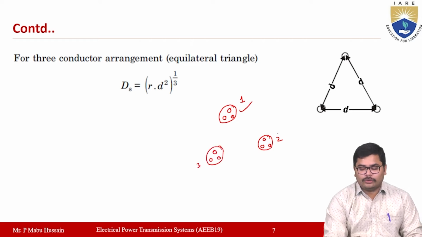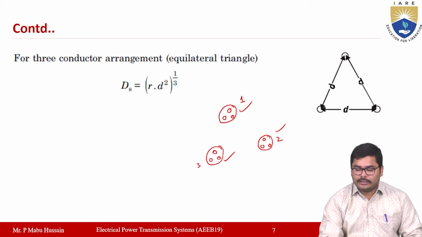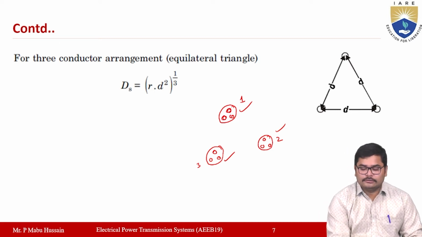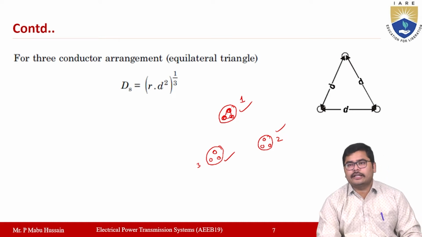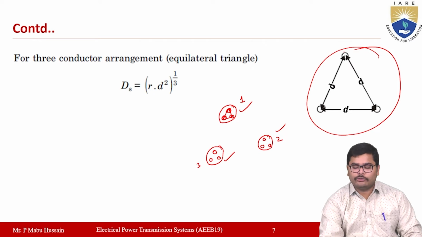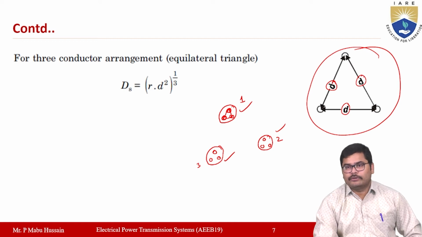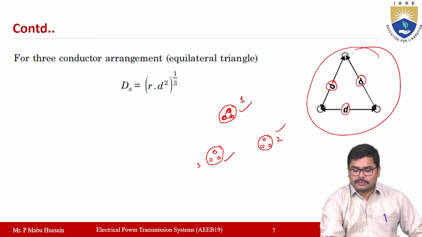Now 1, 2, 3 are the three conductor bundled configuration. Here these three are arranged like a triangle like this, and the distance between any two conductors is kept the same, which is equal to small d here. Okay, and you call them A, B, C here.